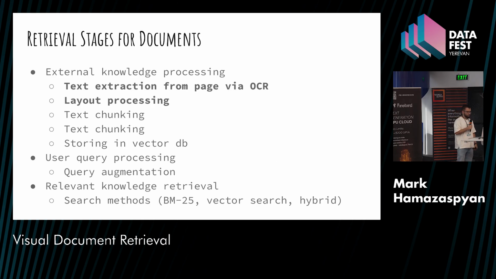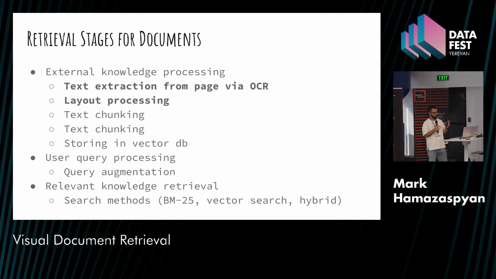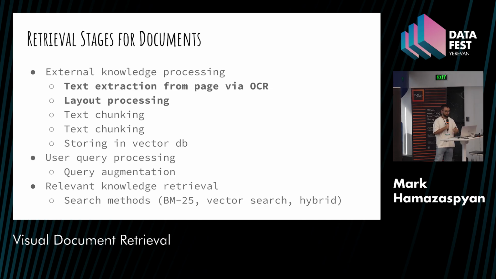And let's see what's the difference between taking text as external knowledge and, instead of text, having documents. In that case, a couple of additional steps happen. We have the document, and in order to understand and keep the information of the document, we do text extraction.